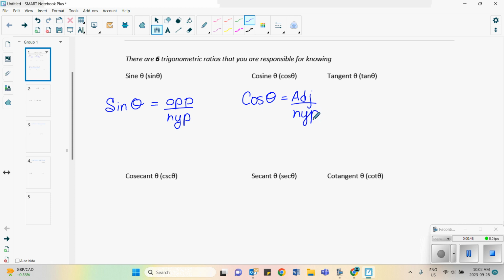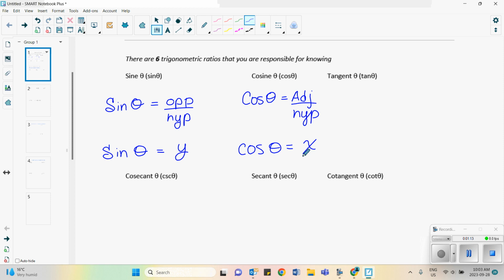And really, we know that on the unit circle, sine theta is equal to what coordinate? Y. And it would be y over 1, but we don't need to put that. And we know that cos theta is equal to the x coordinate, right?